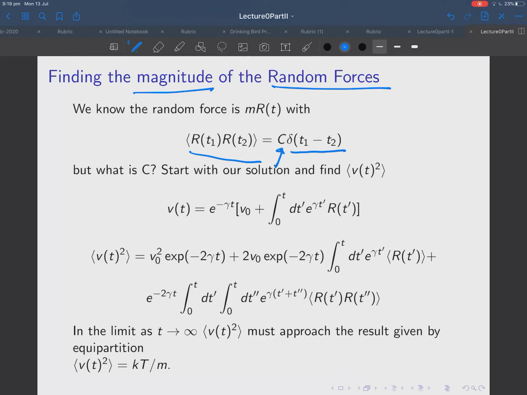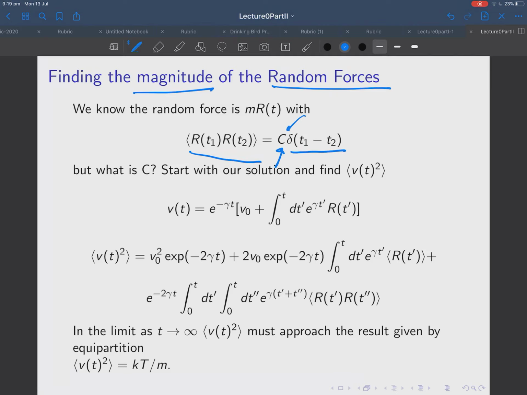What this delta function means is that if t1 and t2 are equal, there's a strong correlation, but if the times are different, the correlation is 0. The random forces at different times are not correlated. We just don't know what c is.